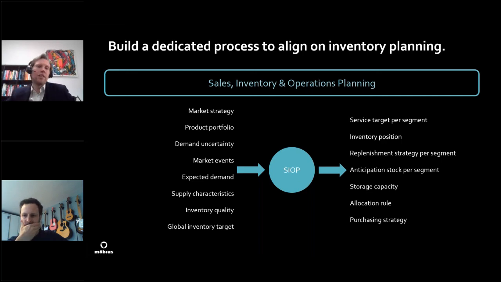If you know that there are evolutions in how your suppliers work, in their reliability, in their responsiveness, the speed at which they can respond, you would need to see that in the way that you treat the inventory and the inventory investment. Of course, in sales, inventory, and operations planning, typically you will do all of this while taking into account some kind of a global inventory target.